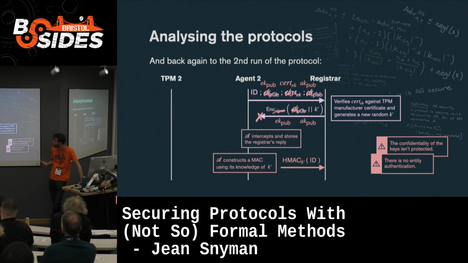And now, as a result of this, we have the registrar associating the wrong TPM, or is associating a TPM with the wrong agent, if that makes sense. So agent 1's TPM is associated with agent 2 effectively.